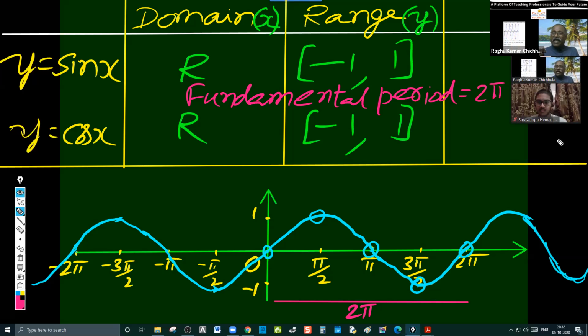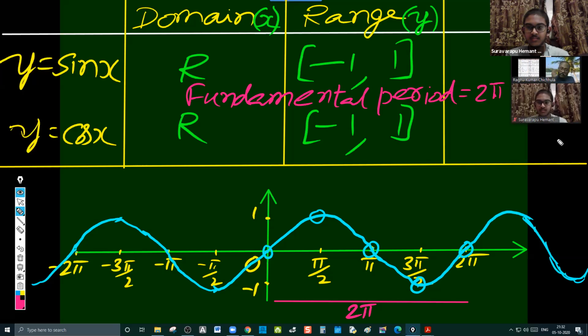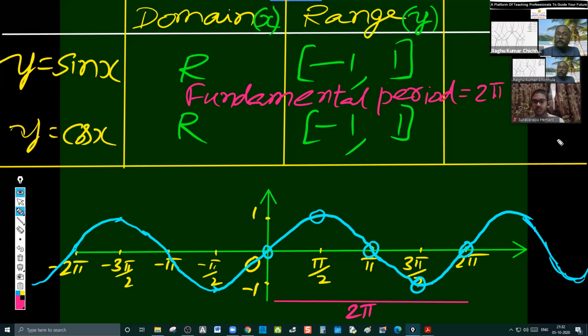And if you take a year, the period is equal to 365 days. If you take a leap year, 366 days, which is different. Repetition is important. A leap year repeats every 4 years. So the basic repetition is said to be a periodic function.